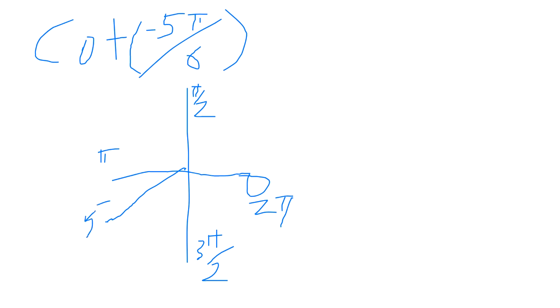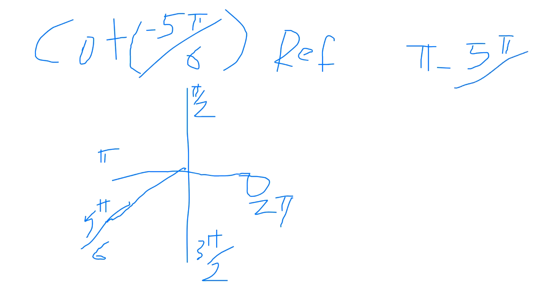Okay, so 5 pi over 6 will be here. Our nearest x-axis is pi. So that means that your reference angle is going to be pi minus 5 pi over 6, which will give me pi over 6.